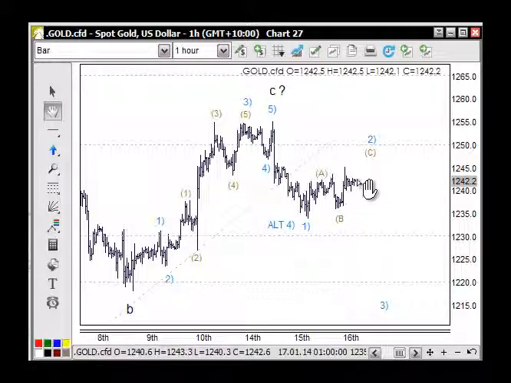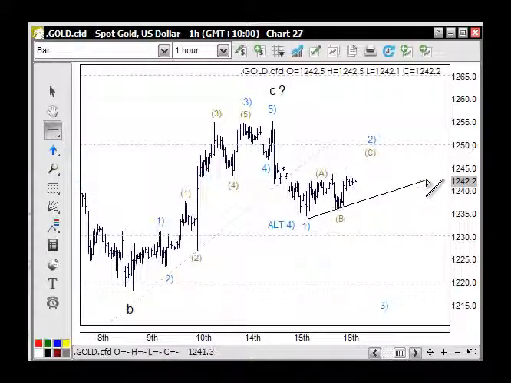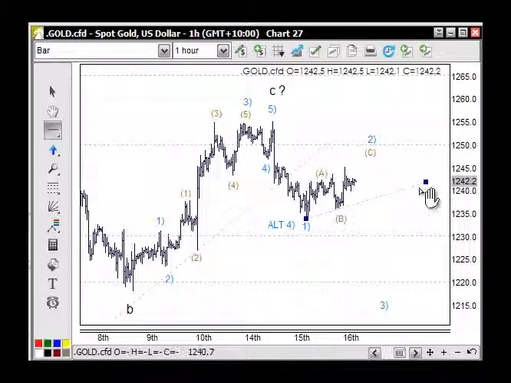And in this B wave to C wave here, there'll be 5 waves in this rally here, and then it will fold over from that point. So I guess that, if that trend line there gets taken out, then you'll be on the short side. So just bear that in mind.